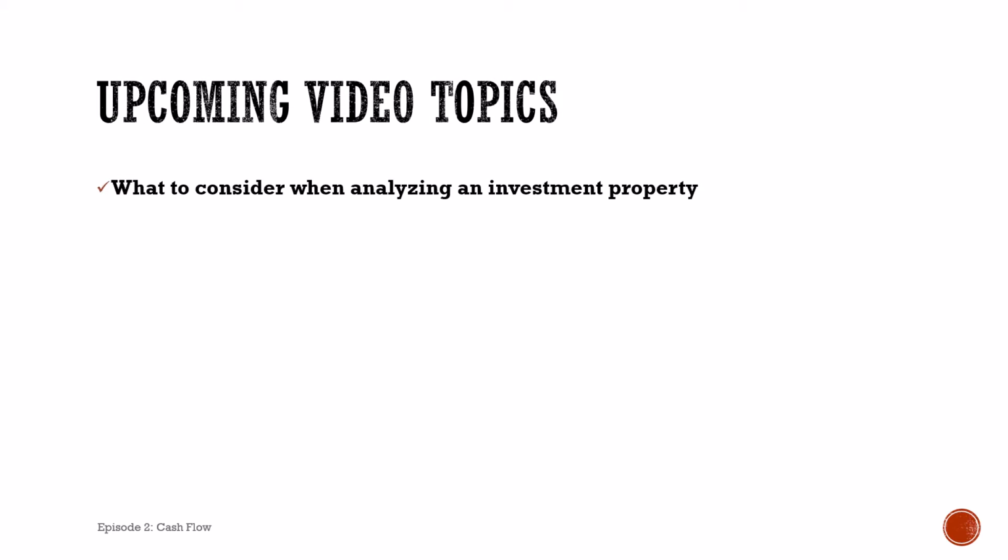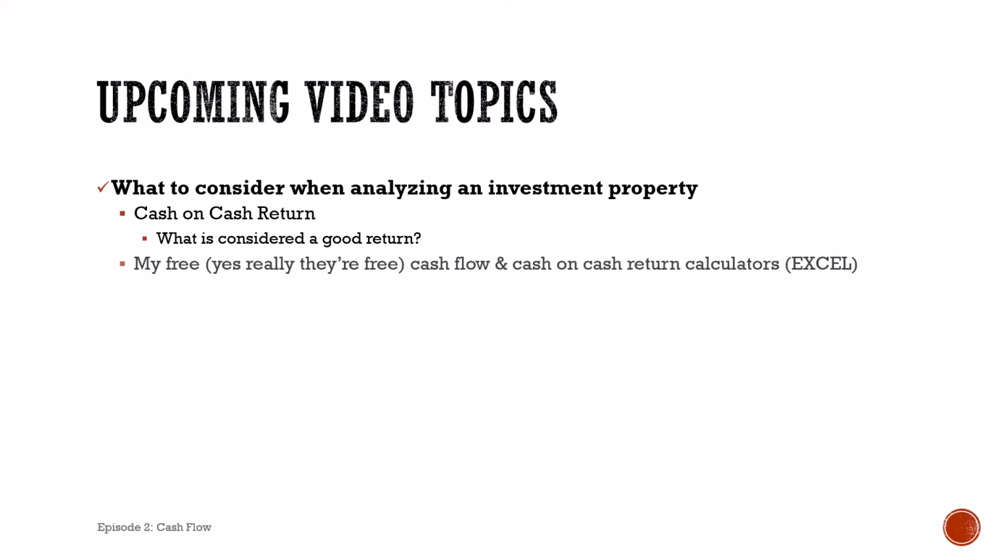Okay, some upcoming video topics. The next video we're going to get into cash on cash return, and we'll talk about what is considered a good return. And then I'll show you my combined cash flow and cash on cash return calculators within Excel. And again, I'll have one for single family, one for multifamily, and one for short-term rentals.